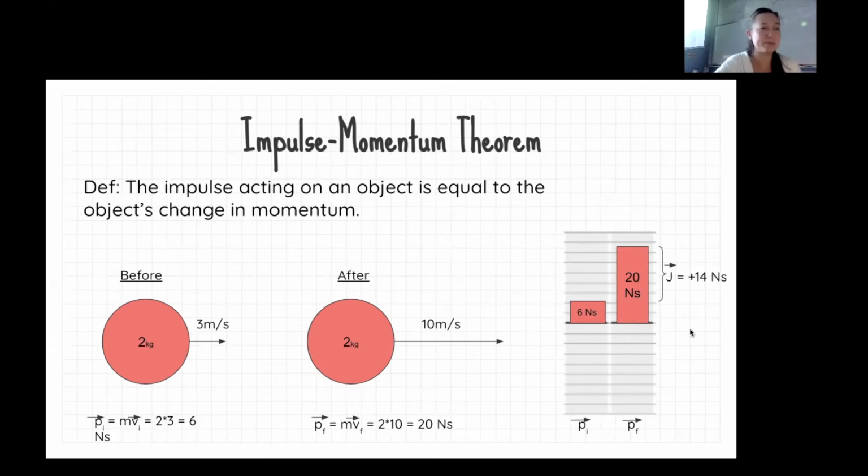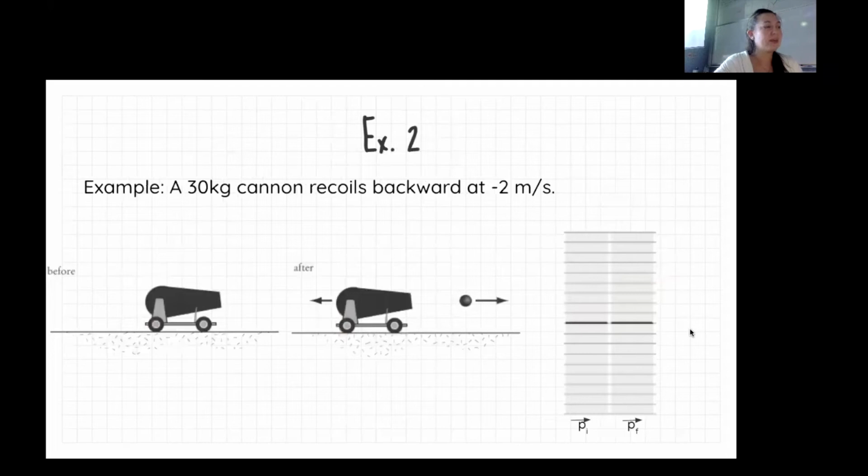Let's try another one. Let's say I have an example with a cannonball. The cannon recoils backward at -2 meters per second. In this case, the cannon starts at rest. It's 30 kilograms of mass, but it's not moving, so no momentum.